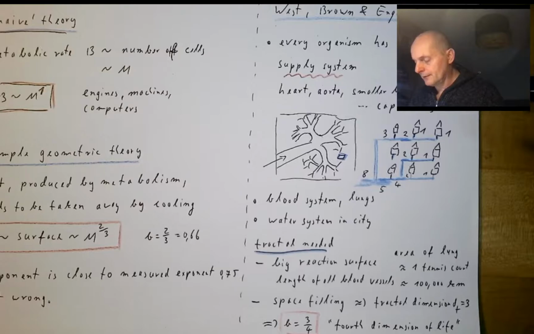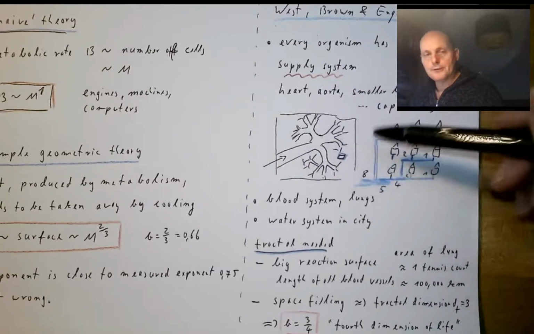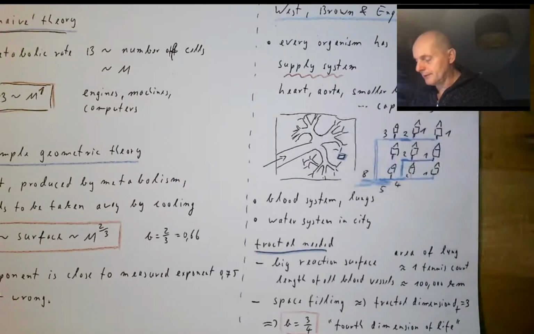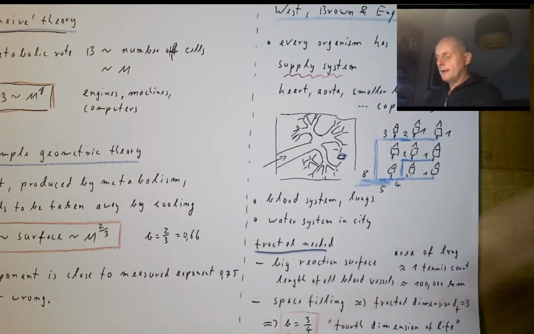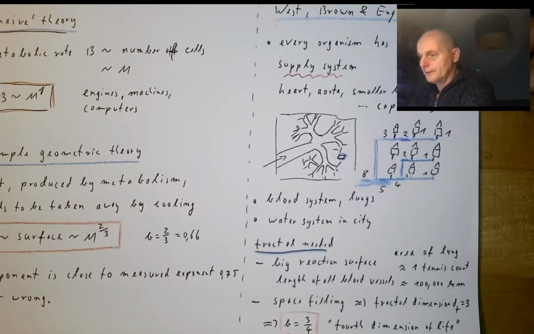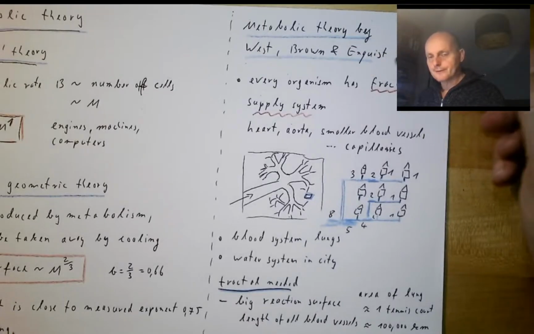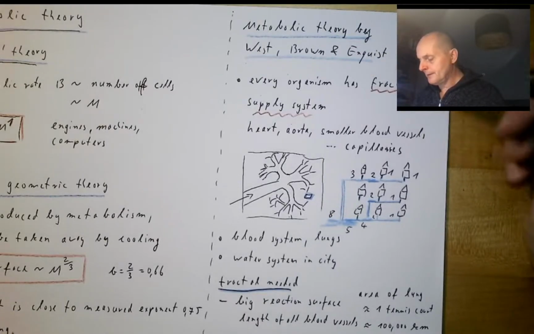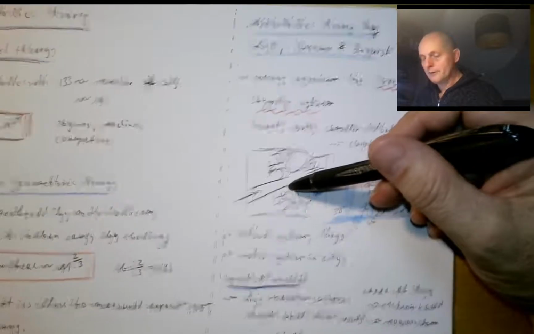what would be the fractal dimension in such a fractal supply network. And that's what we now want to do. And I have to say, when I do this, I restrict myself to the most simple version in this West, Brown, Enquist theory, where we just have a constant flow.